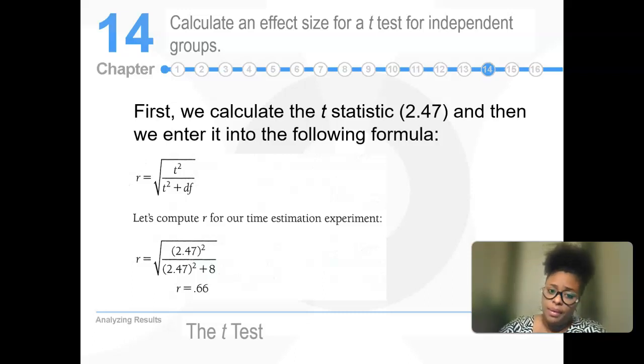But in essence, if we were going to do a t-test, we would first calculate the t-statistic, and then enter it into the following formula below.